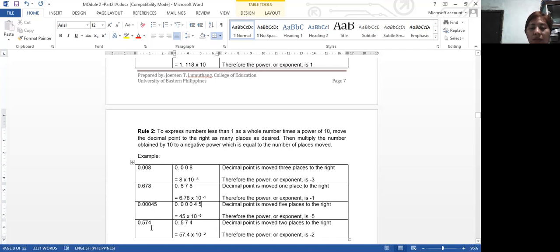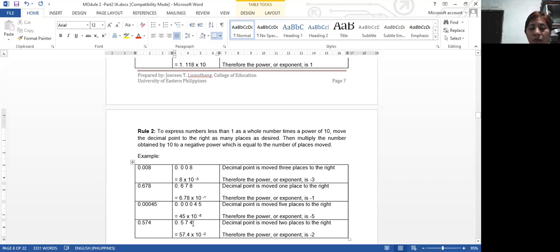Another example is 0.574. We put it as 57.4, so again the original number will just be reflected in its exponent.